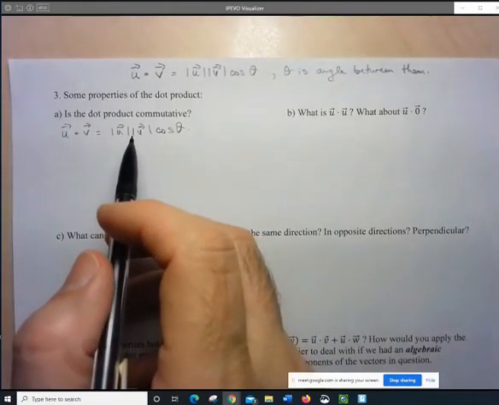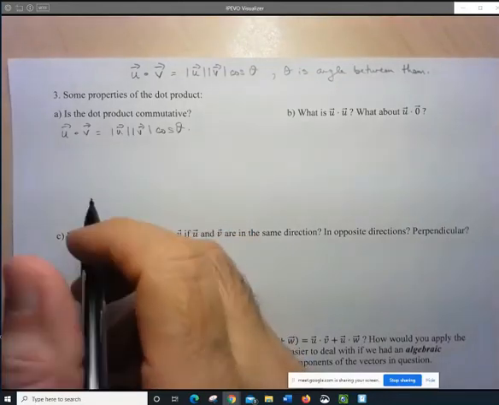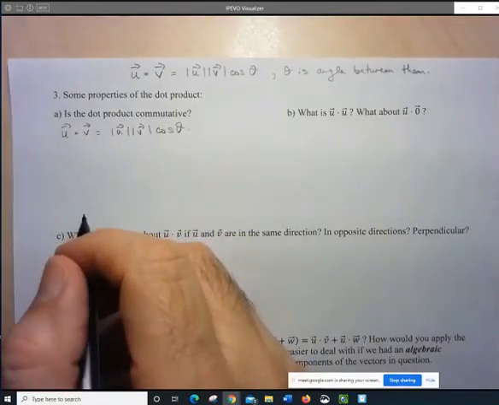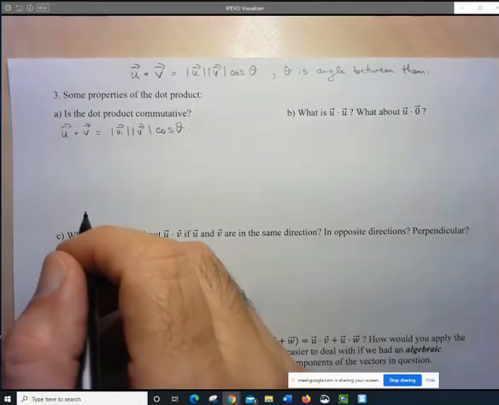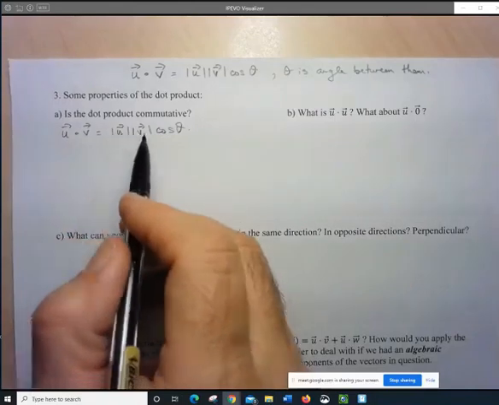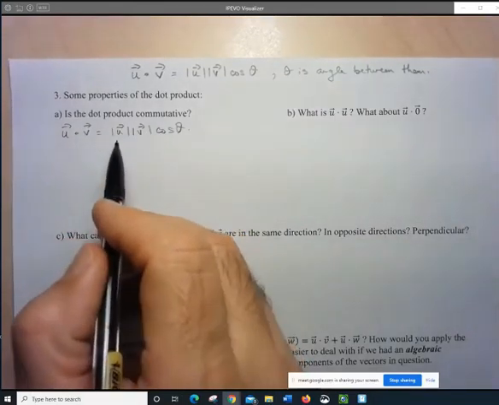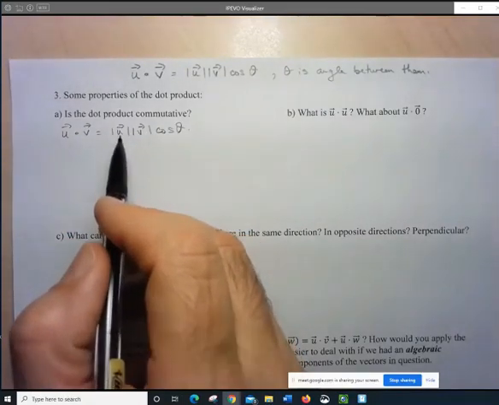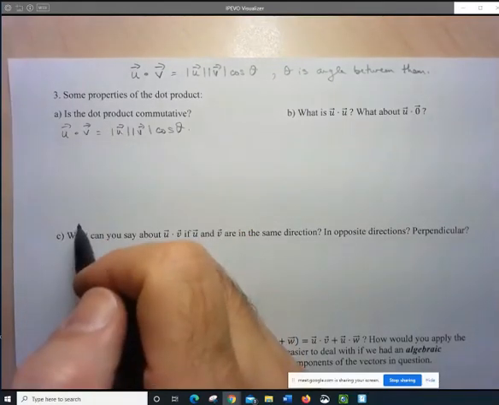What property of real numbers could I use now to help me determine whether the dot product is commutative? What am I able to do with these two real numbers, which represent the magnitude of u and the magnitude of v?